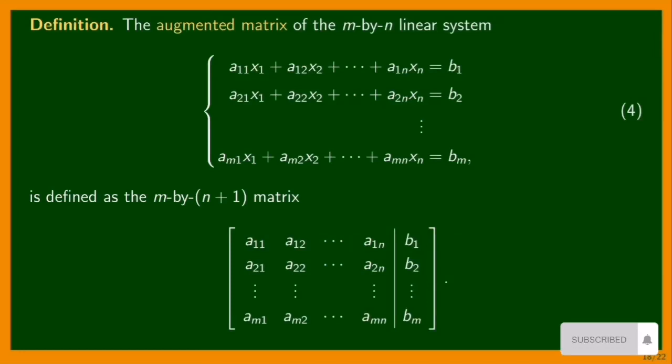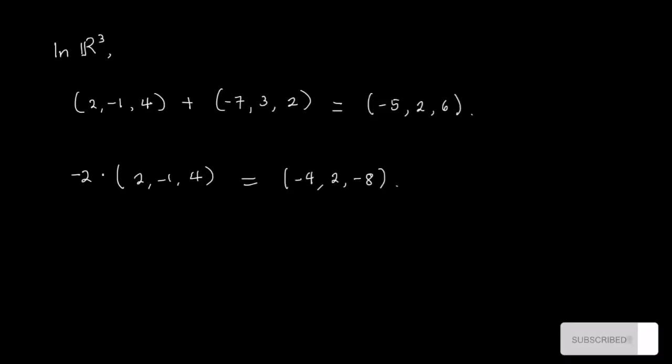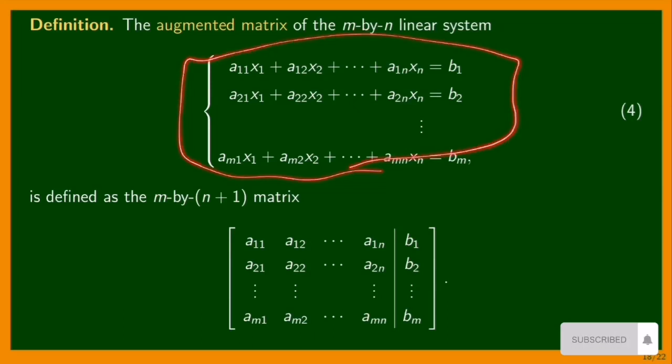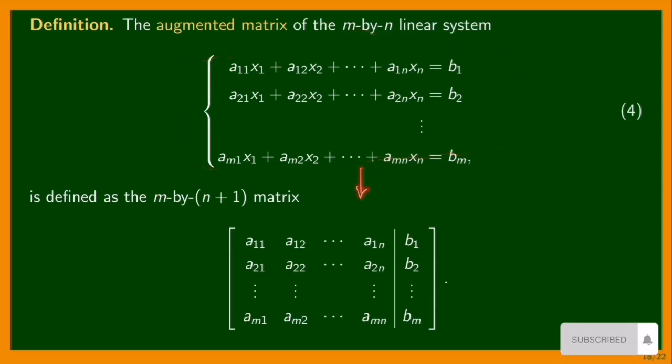Now, associated to each m by n linear system is its augmented matrix. Meaning to say, this is our representation of a linear system using matrices. Instead of writing the linear system this way, we intend to write the system in this way by simply ignoring the unknowns.